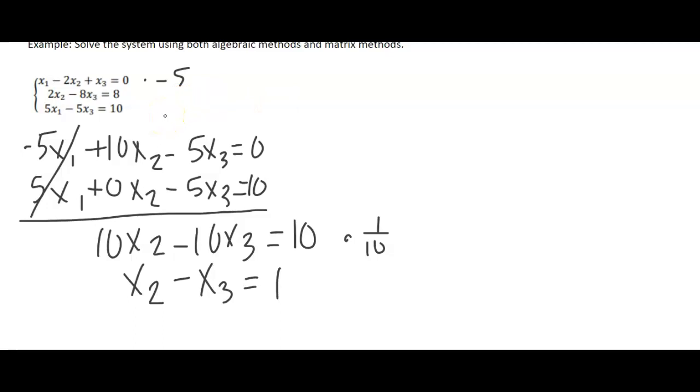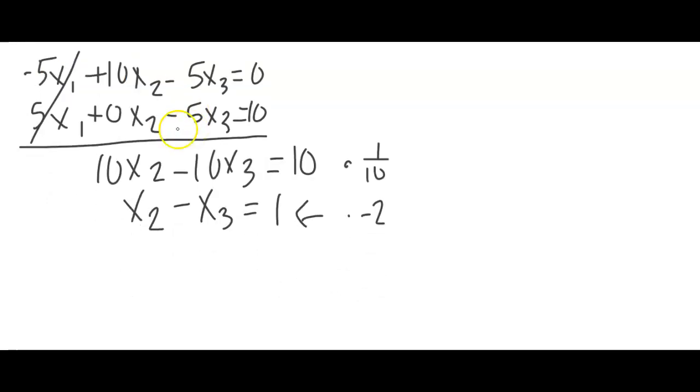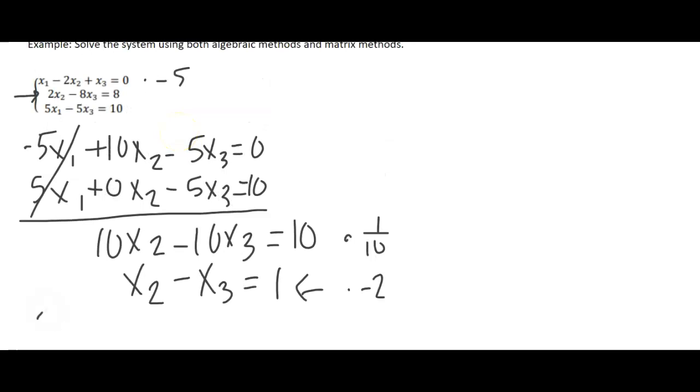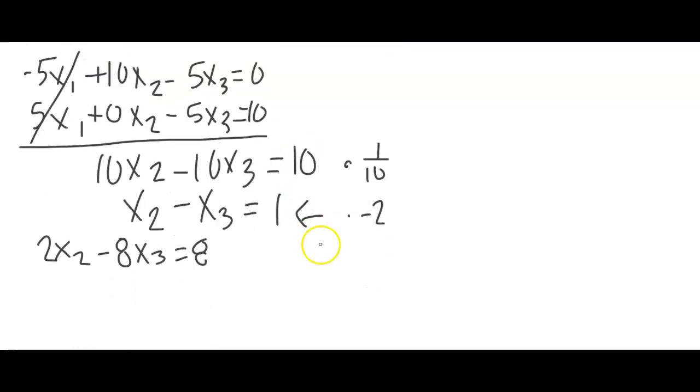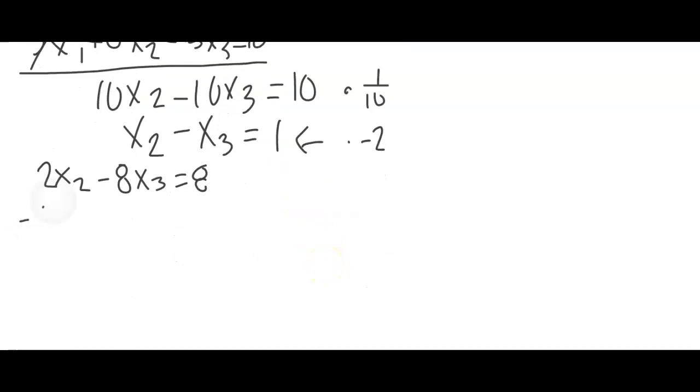All right, well now let's use this line here and let's multiply this line here, let's say by a -2. Let me write this down. So 2x2 minus 8x3 equals 8, and -2x2 plus 2x3 equals -2.